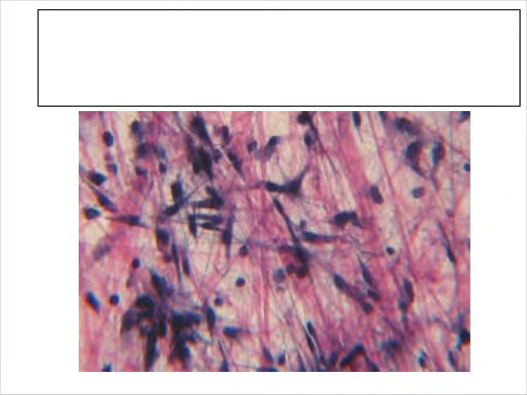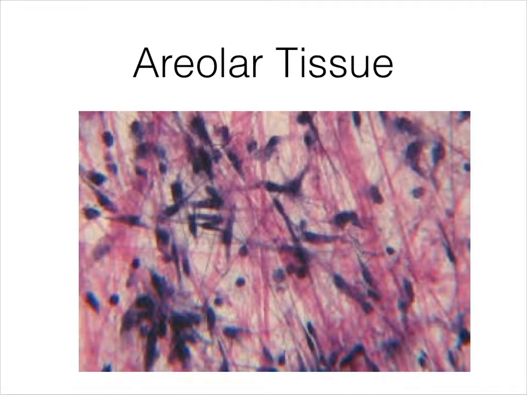All right, here we go. Okay, so this is areolar tissue. You can tell because you have thick bundles of collagen fibers. You have these thin, dark, elastic fibers.